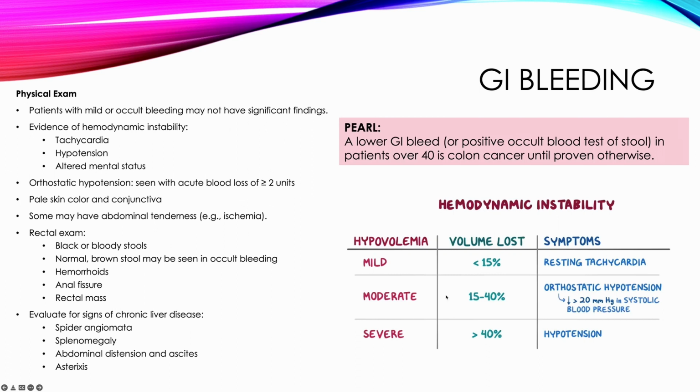In moderate, when you're losing anywhere from 15 to 40% of your volume, you're going to start getting that orthostatic hypotension. That's when you take the blood pressure and pulse lying, and then you have the patient sit up and you repeat that, and usually we'll see a drop of greater than 20 millimeters of mercury in the systolic blood pressure. And then severe is going to be hypotension, tachycardia, the whole nine yards.